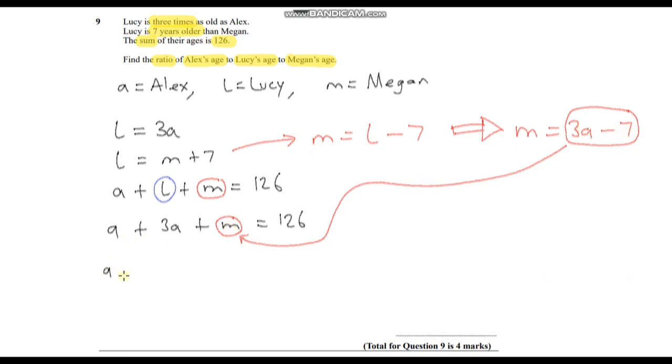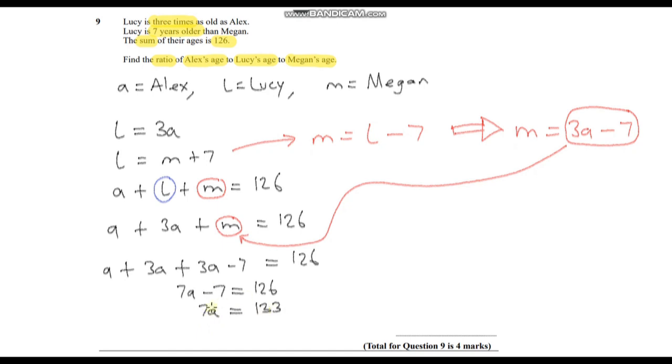So we've got A plus 3A plus M, which is 3A minus 7, and that equals 126. Now we can just solve this equation. So A plus 3A is 4A, plus 3A, that is 7A. So we've got 7A minus 7 equals 126. Now if we add 7 to both sides, we get 7A is equal to 133.